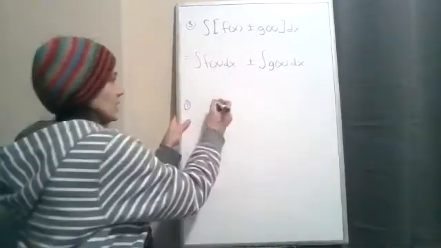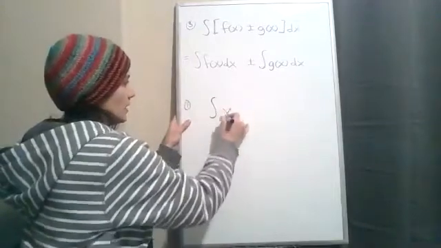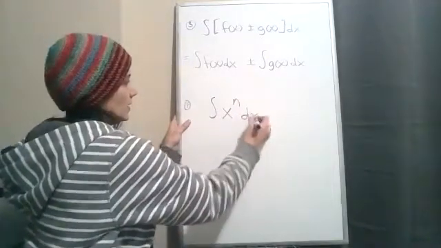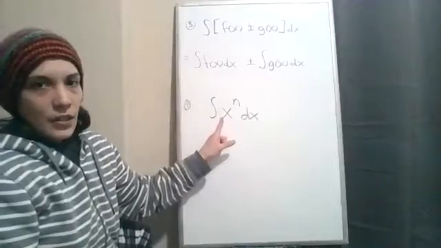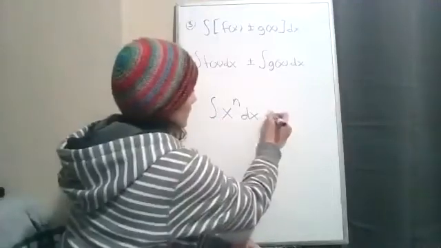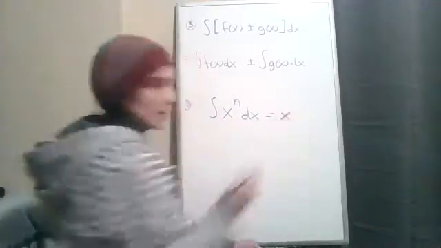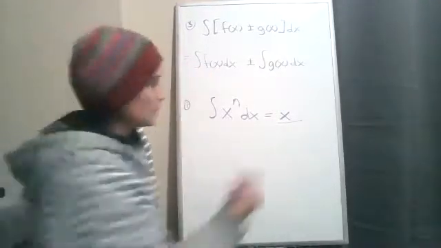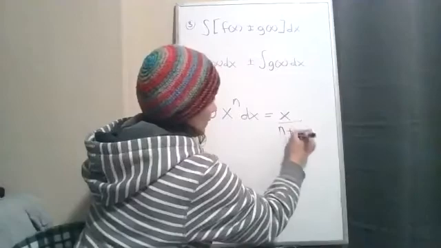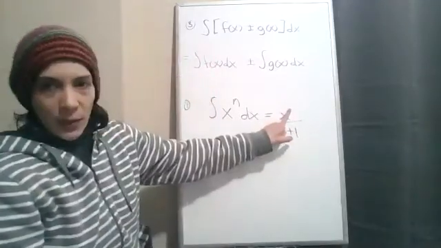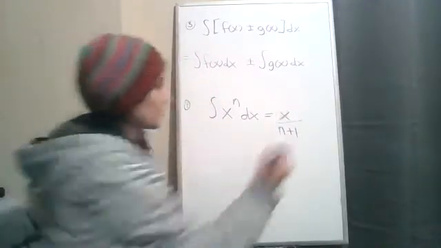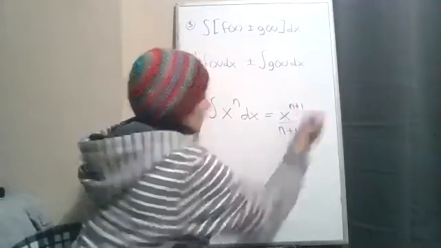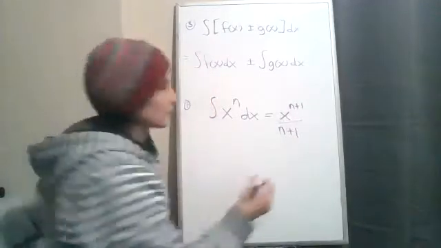Last rule is when you take the integral of x to the n dx, you will have x to the power n plus 1 over n plus 1, and then add c.